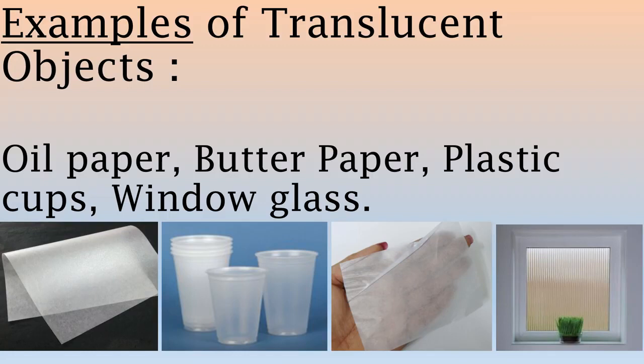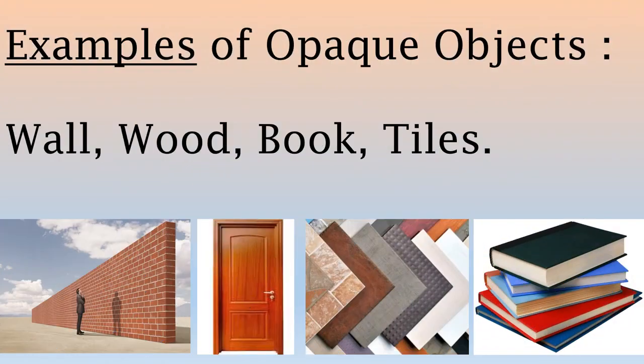Here, the window glasses are hazy in appearance and are not clear. Some common examples of opaque objects are wall, wood, book, and tiles.